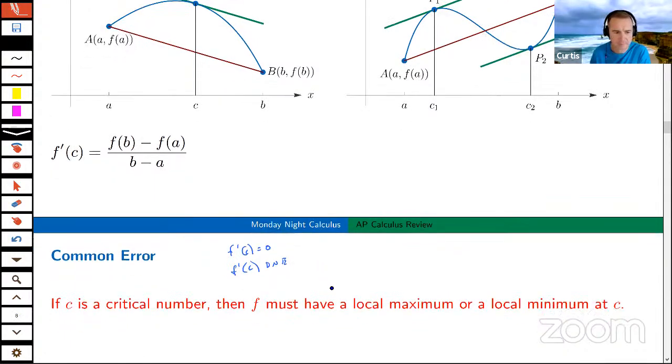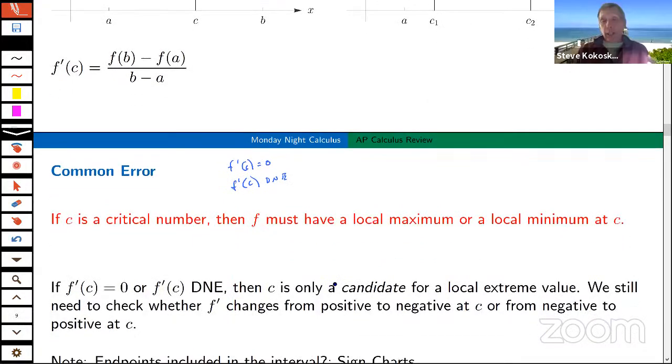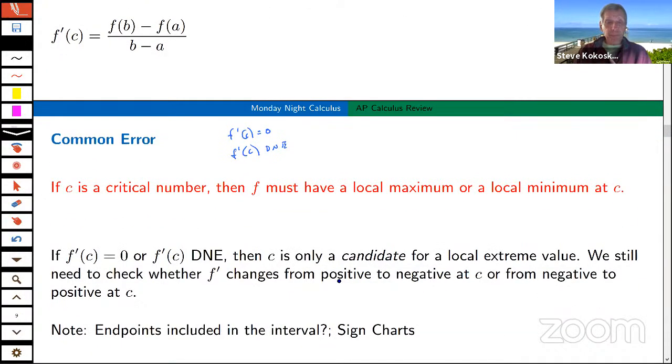It's a candidate. It is what I call a candidate for a local extreme value. Remember that we still need to check whether f prime changes sign across that critical number in order to determine if a local extreme value occurs at C.